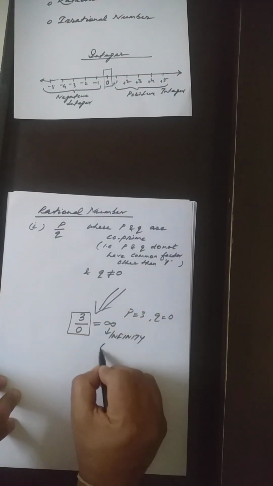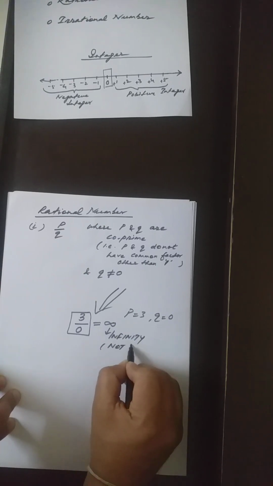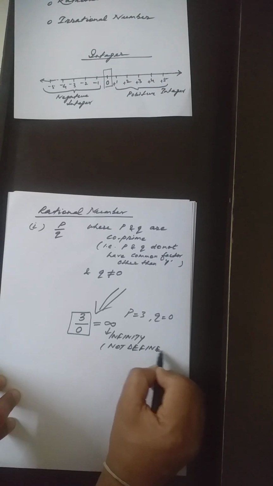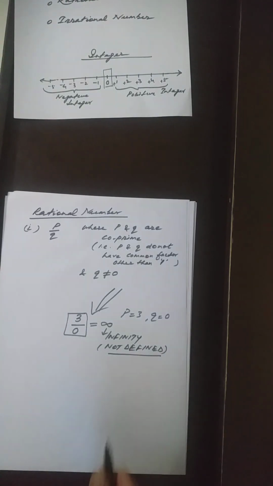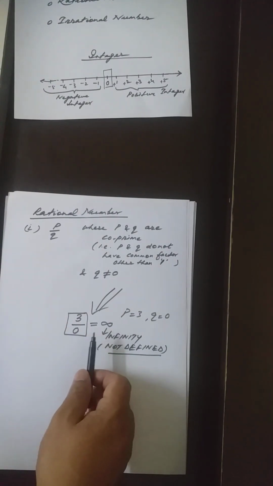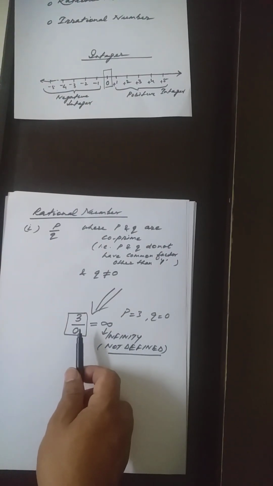Or we should also say it is not defined, because we do not exactly know how big this number will be, and it is because of this reason that this denominator should not be 0.